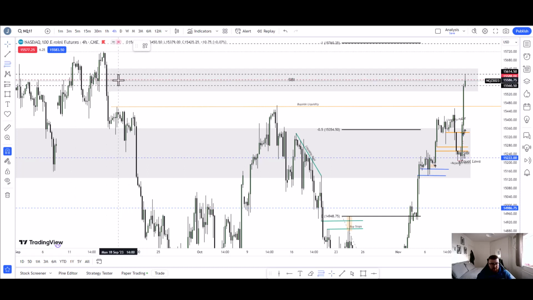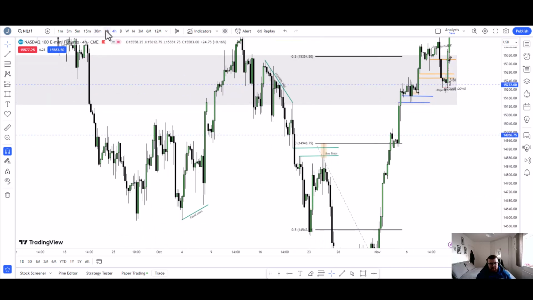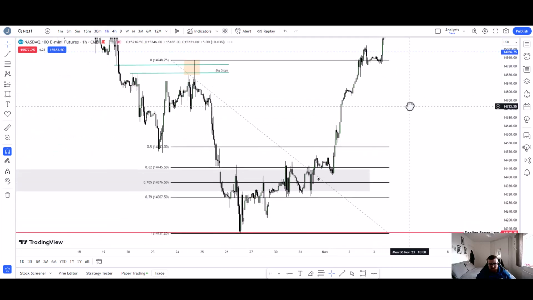If you measure here to the top of that range, that gives you your 50% of that range, and same case there. So it breaks the sell side imbalance up into quadrants, and as you can see, it hit that one nicely and filled it and closed off the day for yesterday. I'm going to break this down now into a 1 hour.